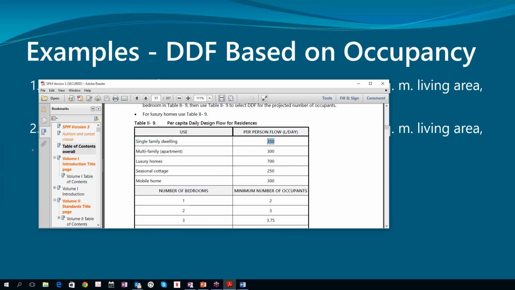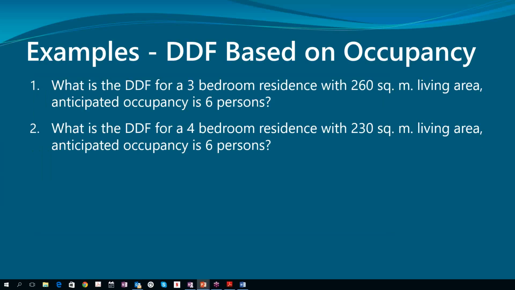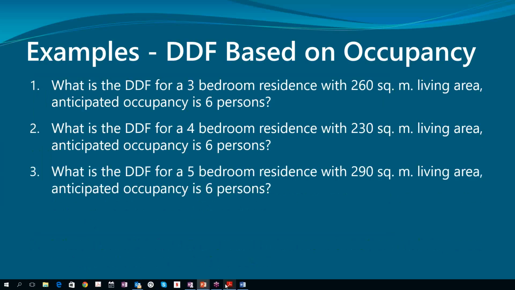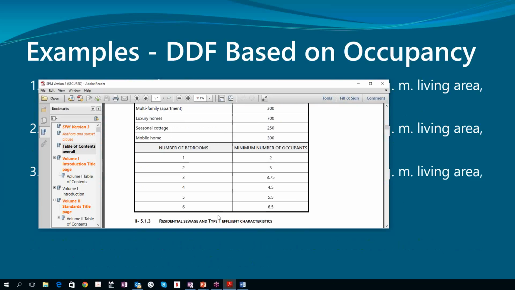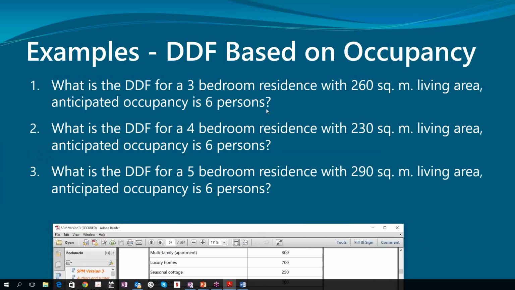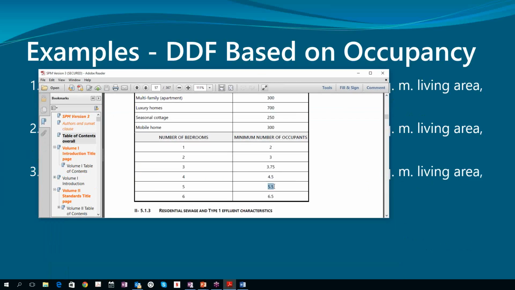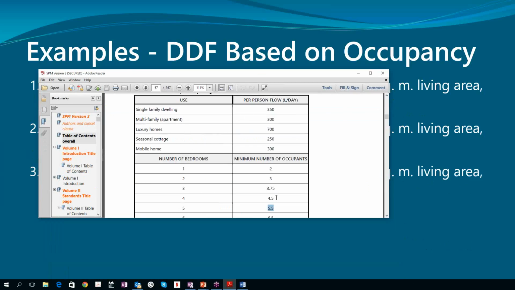In other words, once again, 2,100. Next one, 5 bedrooms, 6 persons. 6 is more than 5.5, so the answer is 6 times 350, which is still 2,100, isn't it? Sure it is. They were all 6 persons. So the answer is still 2,100.